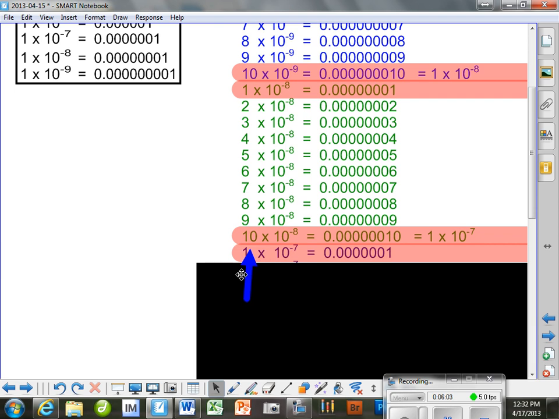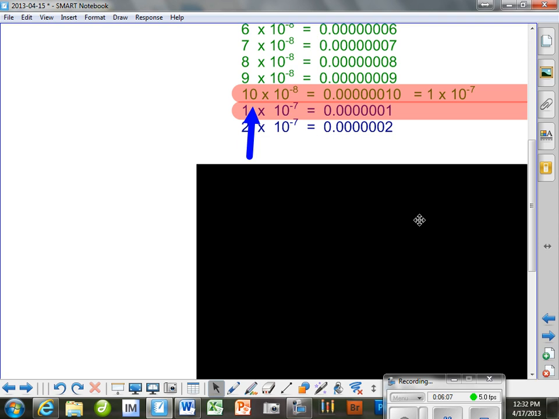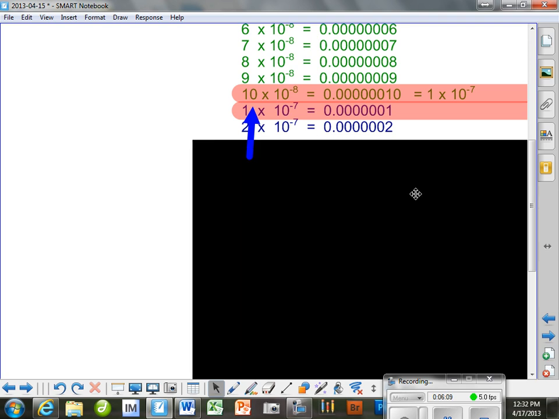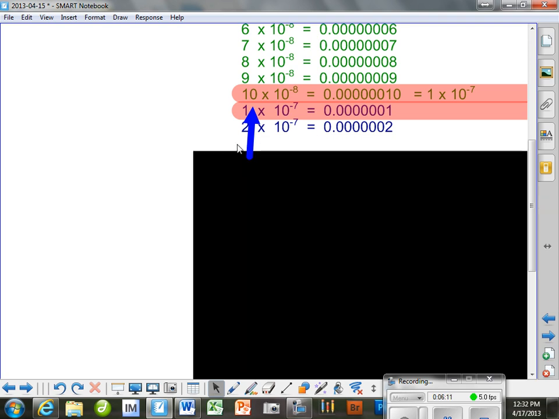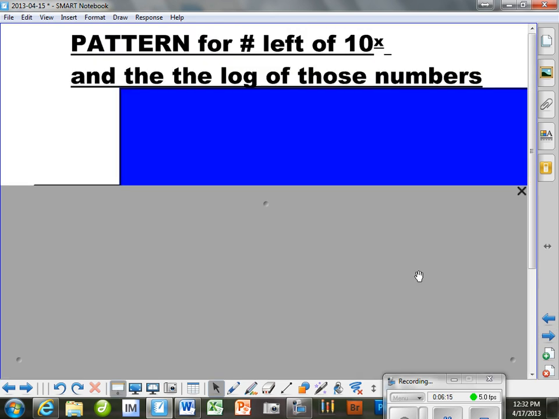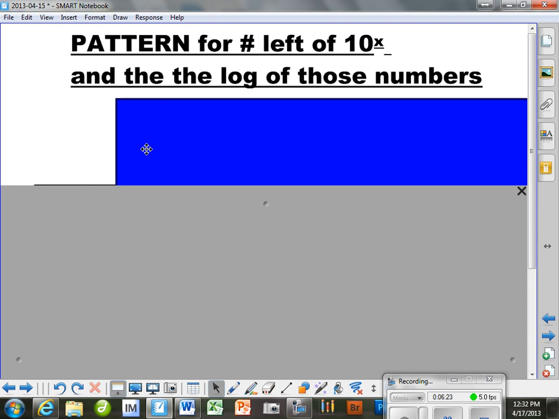And now we start again with 1 times 10 to the minus 7, and I didn't continue this down, but you can see what's going to happen and get a basic feel for that. Now let's look at the pattern for the number to the left of 10 to the x, which is what we were just doing, and we're going to compare that to the log of the numbers.